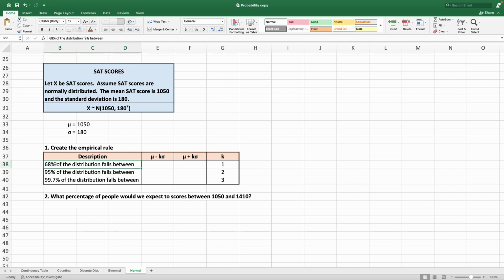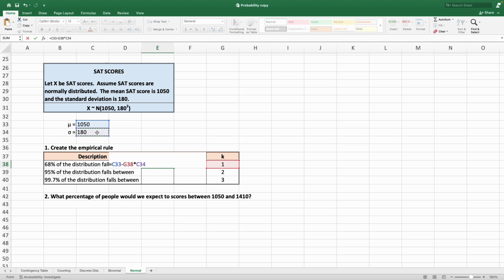And we know that 68% of the distribution falls within 1 standard deviation of the mean. So let's plug in this formula right here. Equals mu, so mu here is 1050, minus, we just want 1k, so times k, times sigma, which is 180 right here.